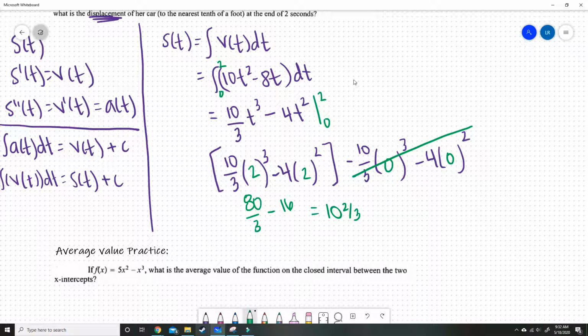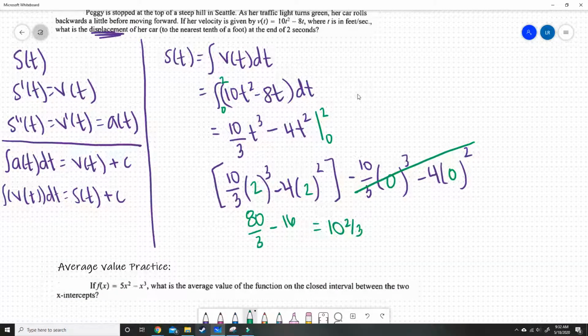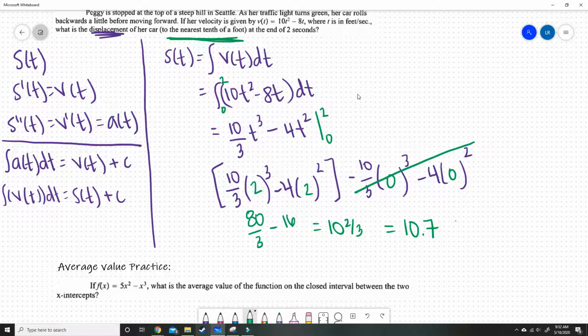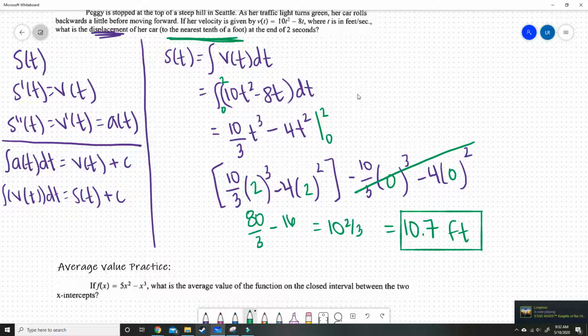But we have to pay attention to the question. And the question says to the nearest tenth of a foot. 2 thirds is not a tenth of a foot. And so our answer is going to be 10.7. That's a tenth of a foot. And you want to make sure you include your units here. You want to make sure you're really clear the units are feet. And so that's where I'm going to put my answer.